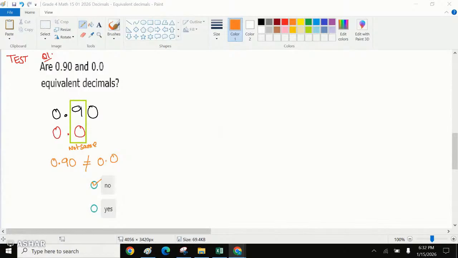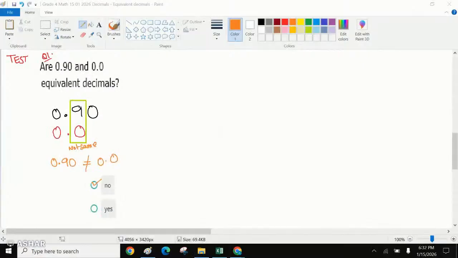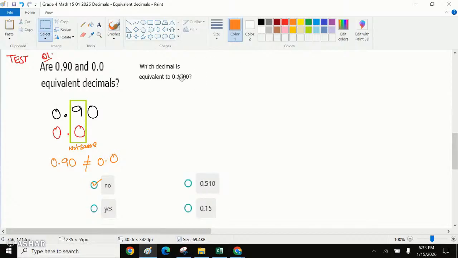For the second question they are saying, which decimal is equivalent to the given number? We have two options, option A and option B. Let's see if these were the two options given to us. I'll just resize it so that it's readable for us.